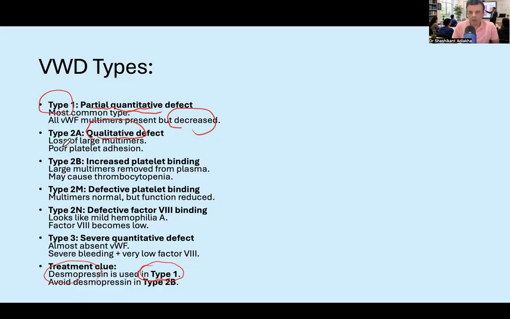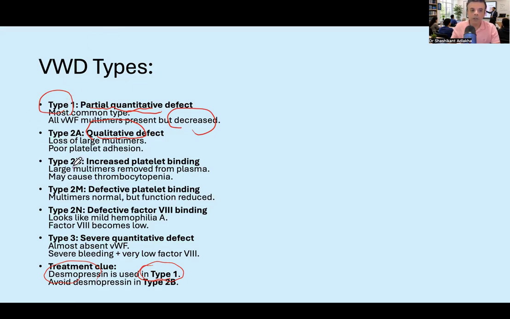Large multimers are the ones which actually bind to the platelets. Because of the absence of the specific large multimers, there is a qualitative defect. The quantitative analysis may not show much of a defect. It may even be normal, but the qualitative defect is there, which leads to bleeding and clinical manifestations.